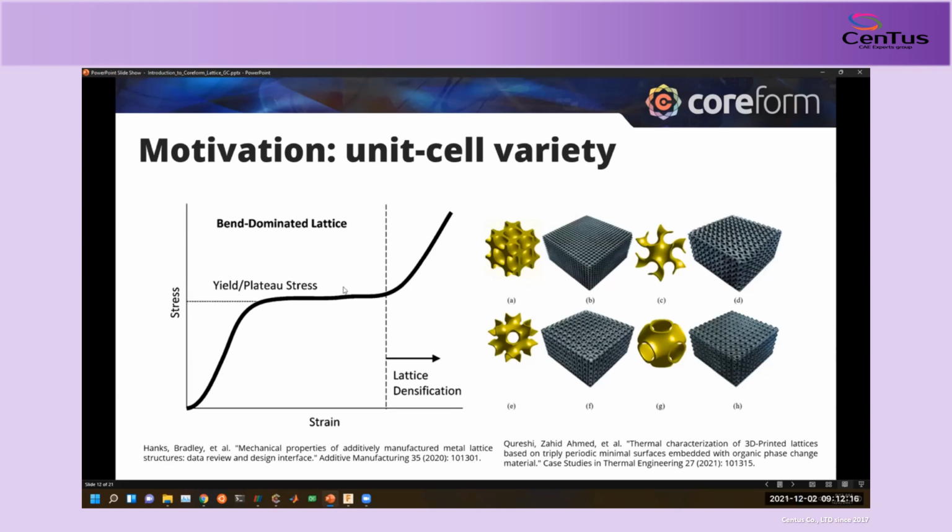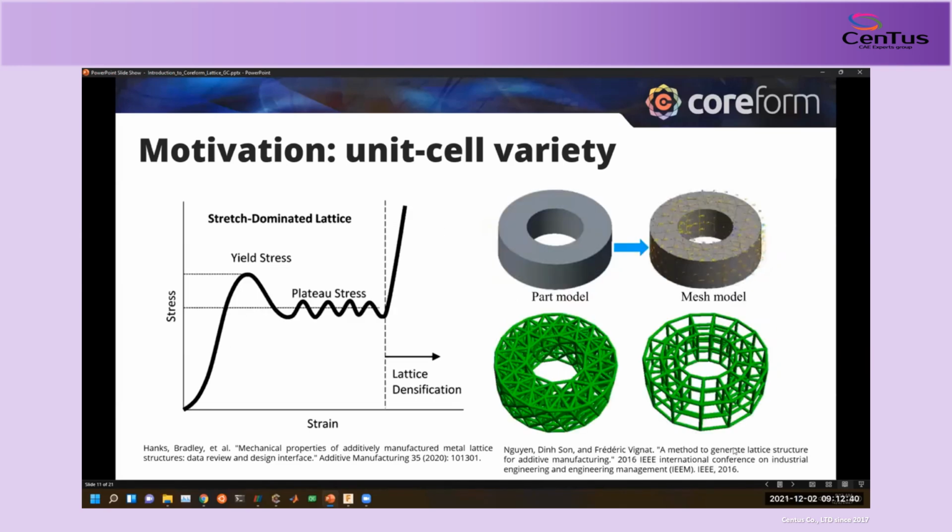And oftentimes these bending dominated lattices are these triply periodic minimal surface type unit cells that some of you may be familiar with, like a gyroid unit cell. But as you can notice, these unit cells are not associated with the nodes of a finite element. So you can't just connect the dots as we did in these previous models.